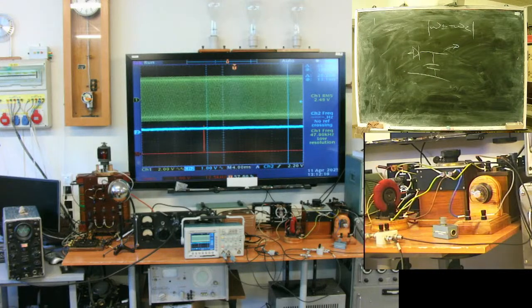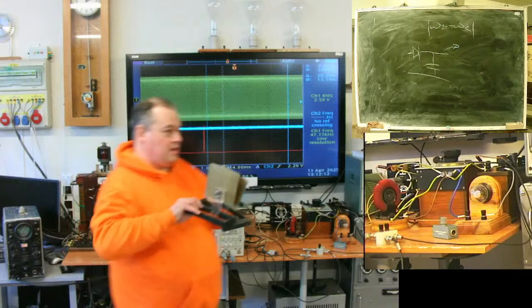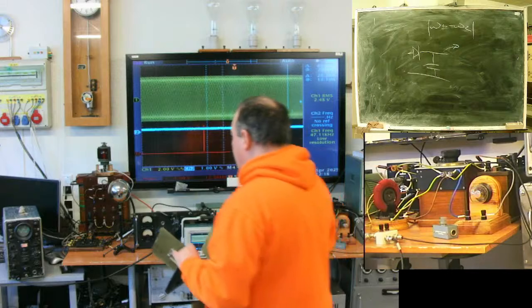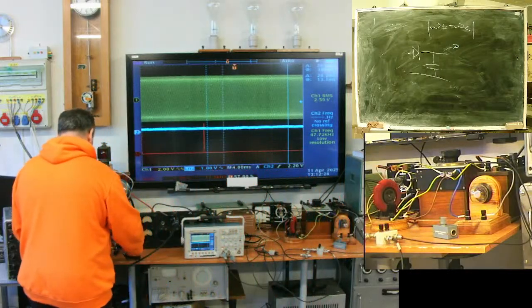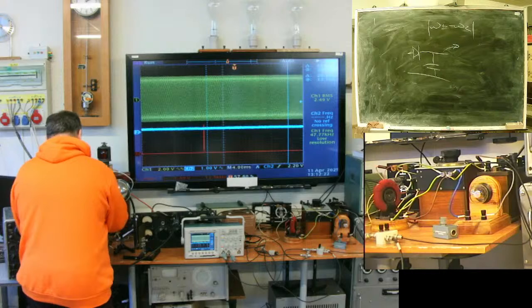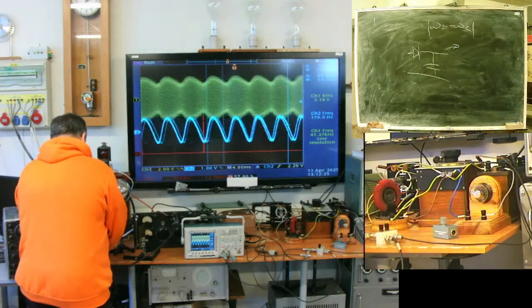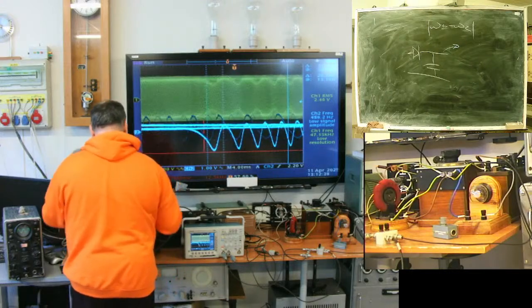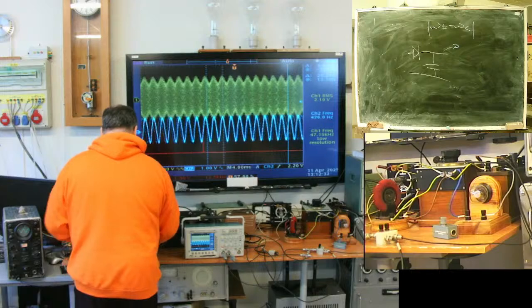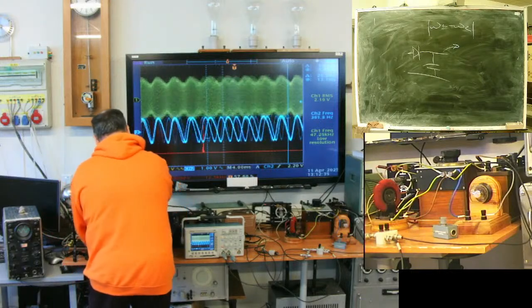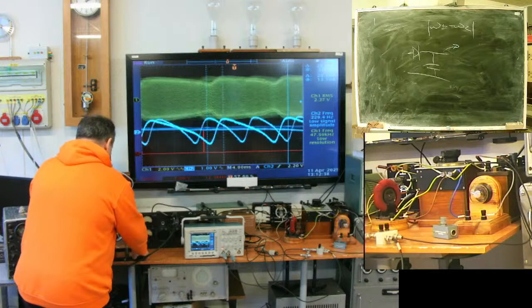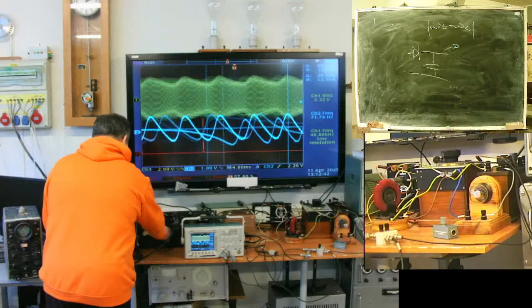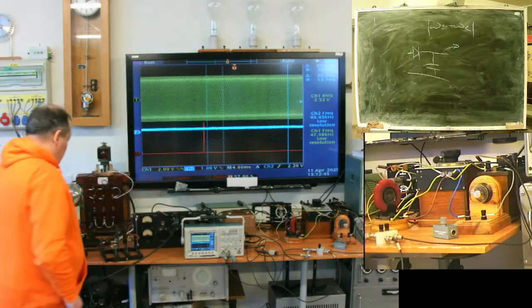Capacitor, disassembled. I can substitute here.